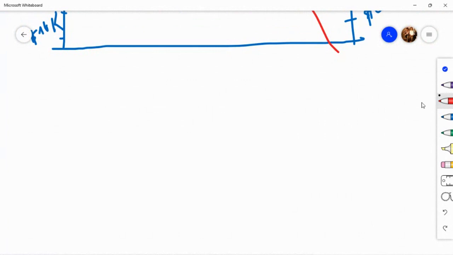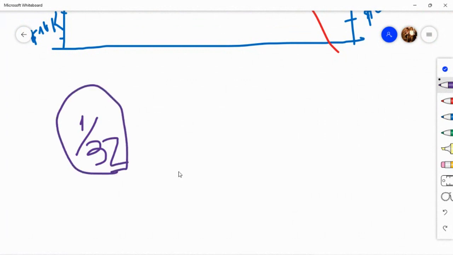It simply means 1 over 32, thirty-seconds, right? 1 over 32 system.